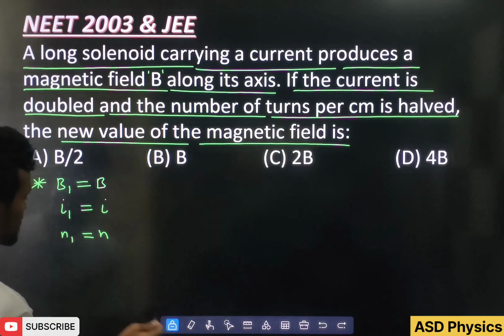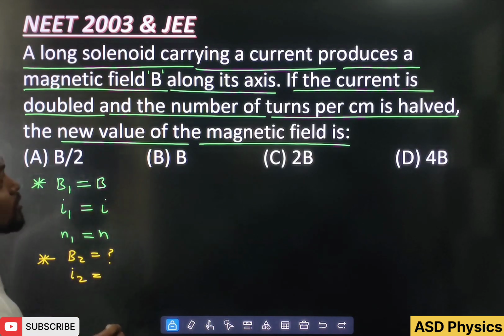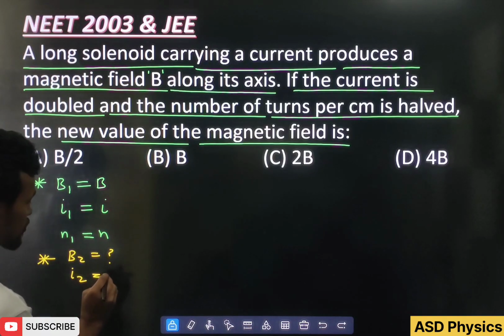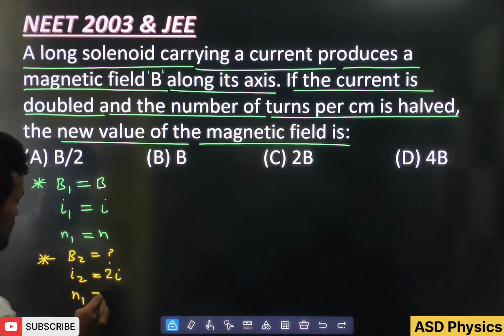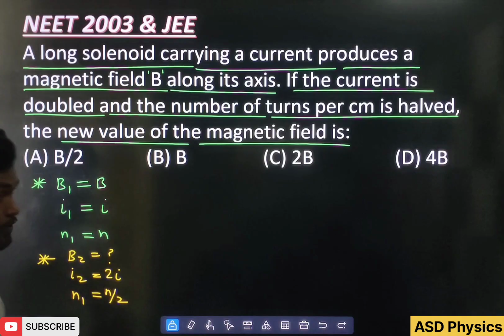In the next scenario, let's take the new magnetic field B2, which we have to calculate. The current is doubled, so instead of I it becomes 2I. And the number of turns per centimeter is halved, which means N by 2.